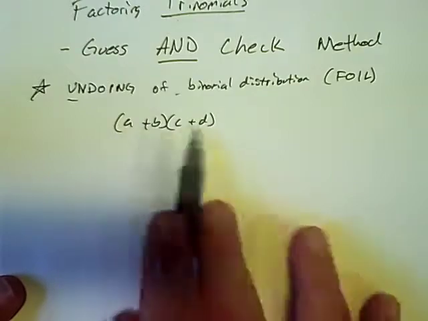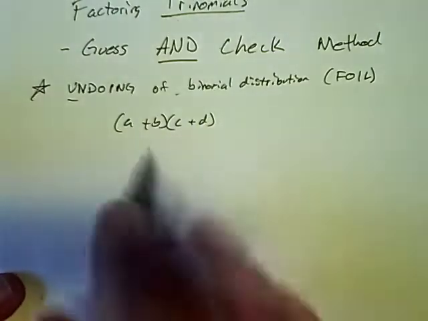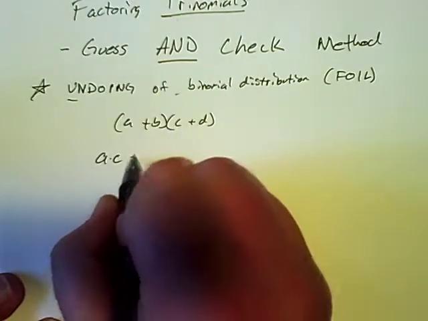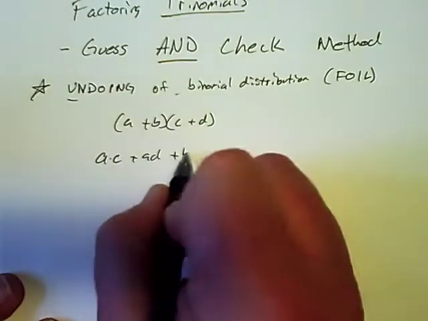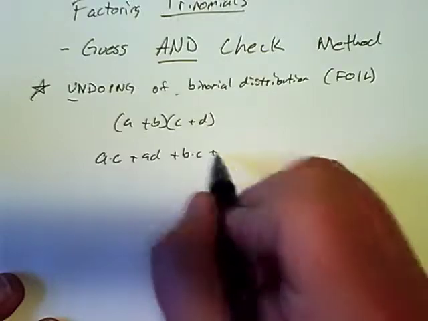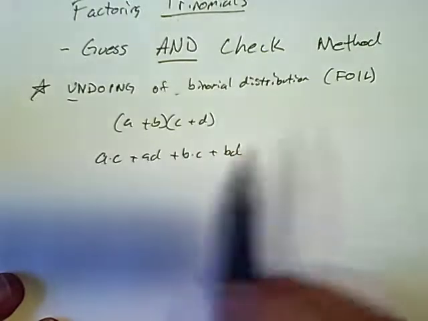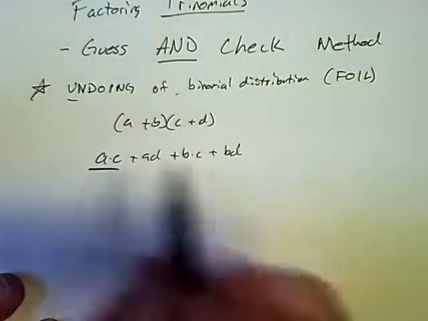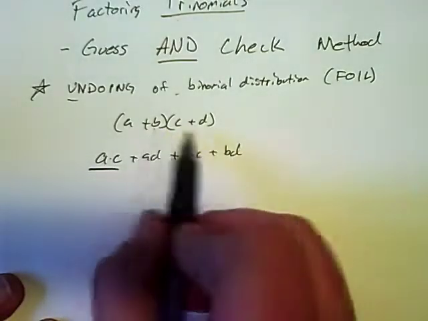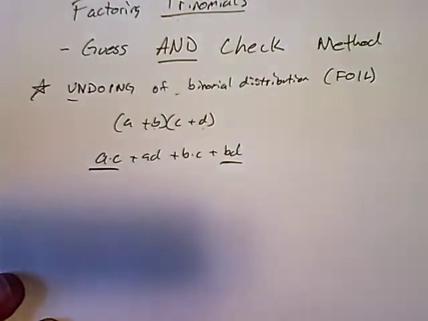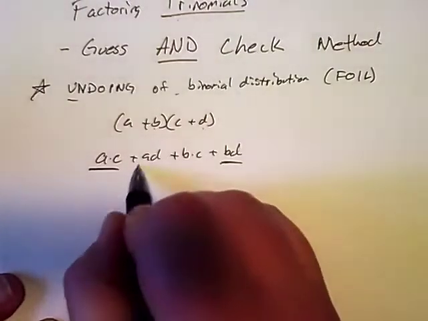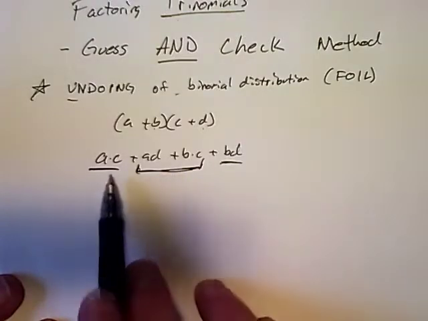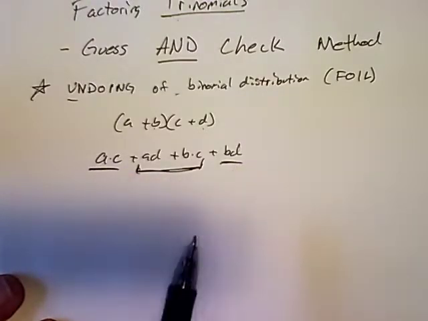You're used to multiplying a binomial times a binomial, right? You end up with a times c, plus a times d, plus b times c, plus b times d. All right, so these two are always at the front, and these two are always at the end. In general, there's some commonality here, and we would combine these and have 1, 2, 3 terms, right?